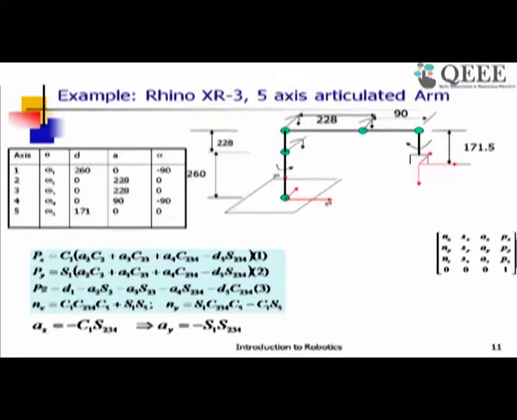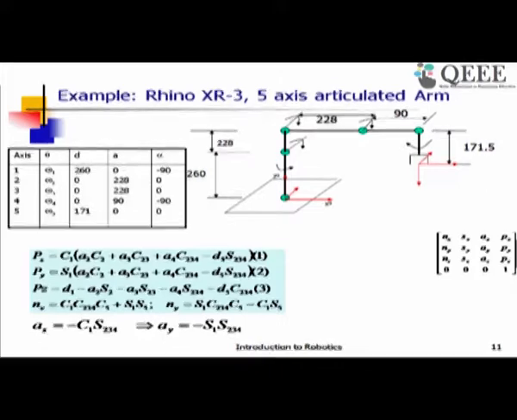If you go back to your last lecture slides, you will see that we solved forward kinematics, and Px is given as cos theta 1 multiplied by A2 C2 plus A3 C23 plus A4 C234 minus D5 S234, and Py is again S1 multiplied by the same parameters, and Pz is D1 minus A2 S2 minus A3 S23 minus A4 S234 minus D5 C234.